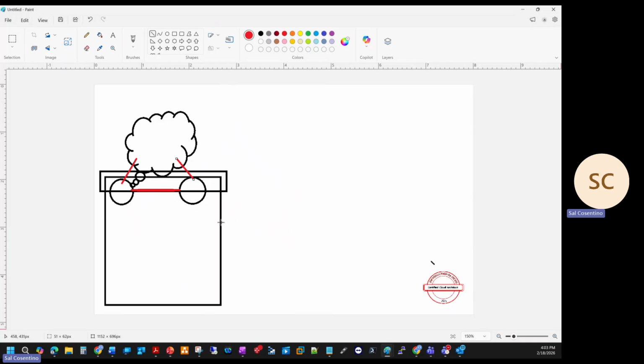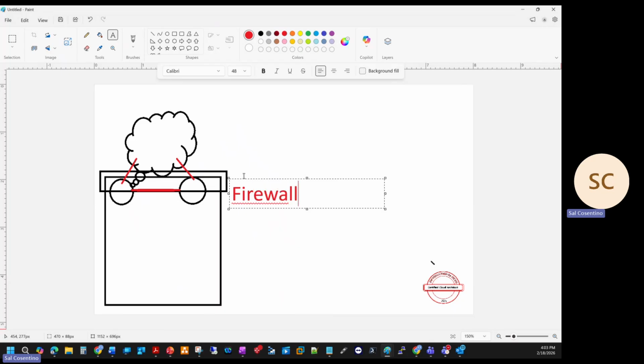So if this was the firewall, it's got to sit somewhere, and it's going to sit in between your internal network, which is your ISP, and the router.